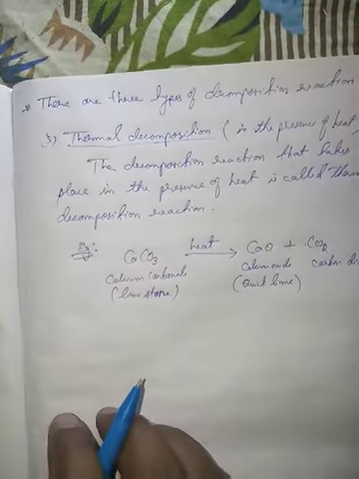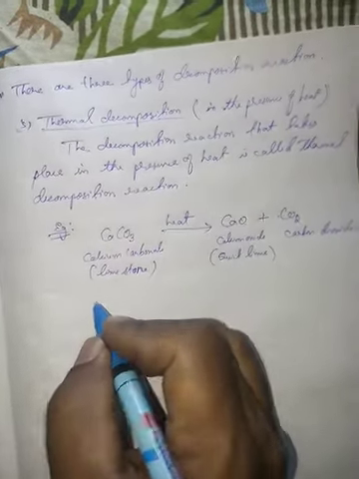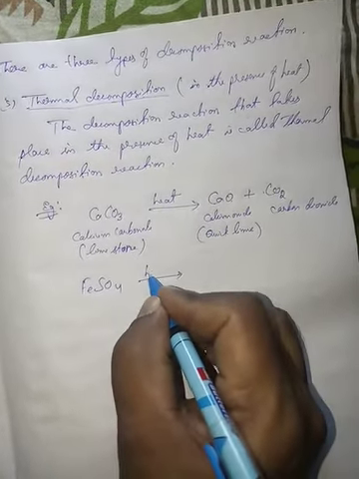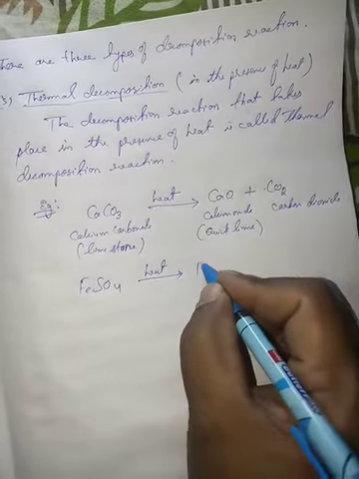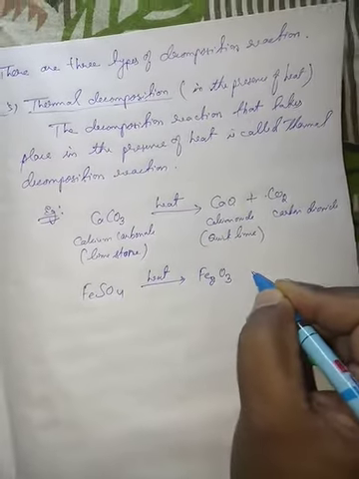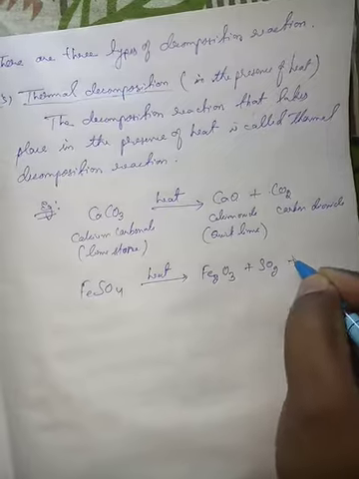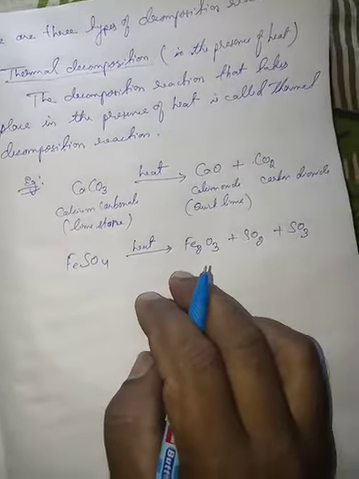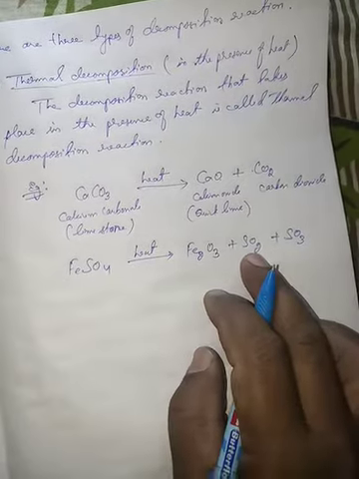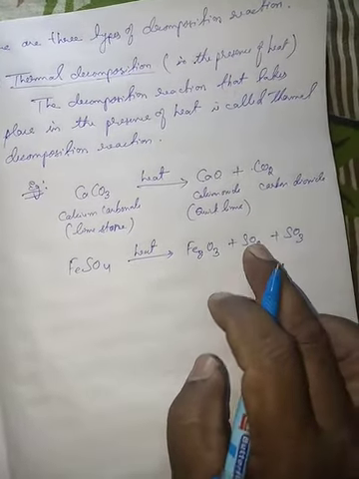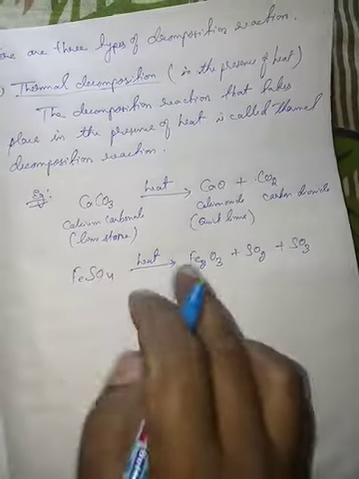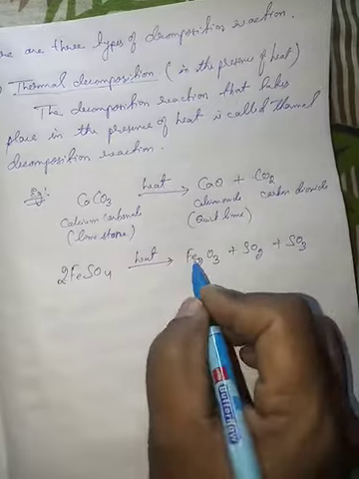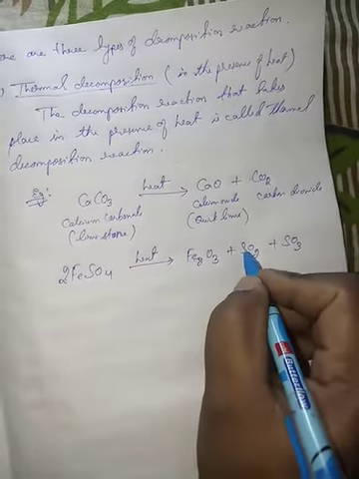It is balanced. Okay, similarly we can take ferrous sulfate. When heated, it forms Fe2O3 plus SO2 plus SO3. Is it balanced? If you put 2 here, it becomes 2 iron, 8 oxygen, 2 sulfur.